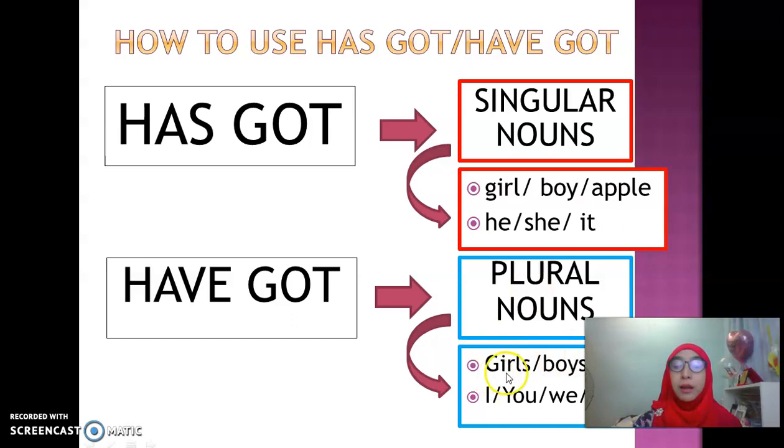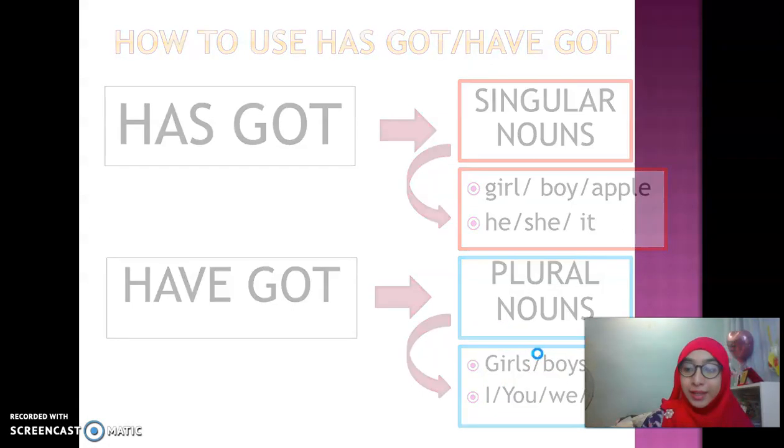So here, girls, you have S here, boys, apples, I, you, we, they. So girls, boys, apples, we have S, we have S, we have S. So that considered them as plural nouns.